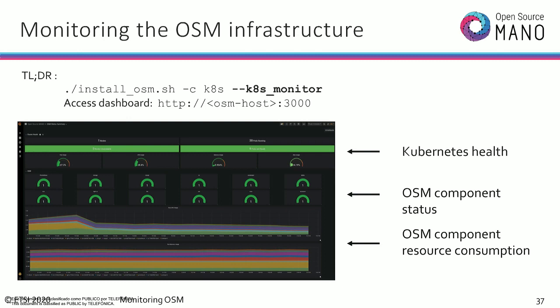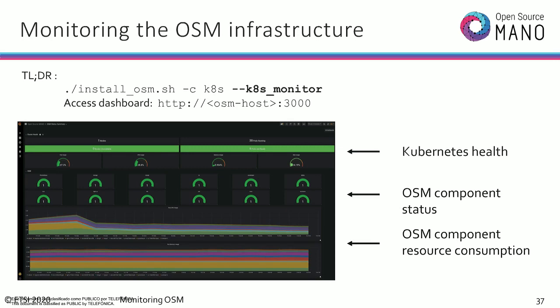I mean, you could deploy OSM in Kubernetes without deploying this additional monitoring infrastructure. Probably it's a good idea to do it in all cases because the advantages are clear and the resource consumption is pretty low.